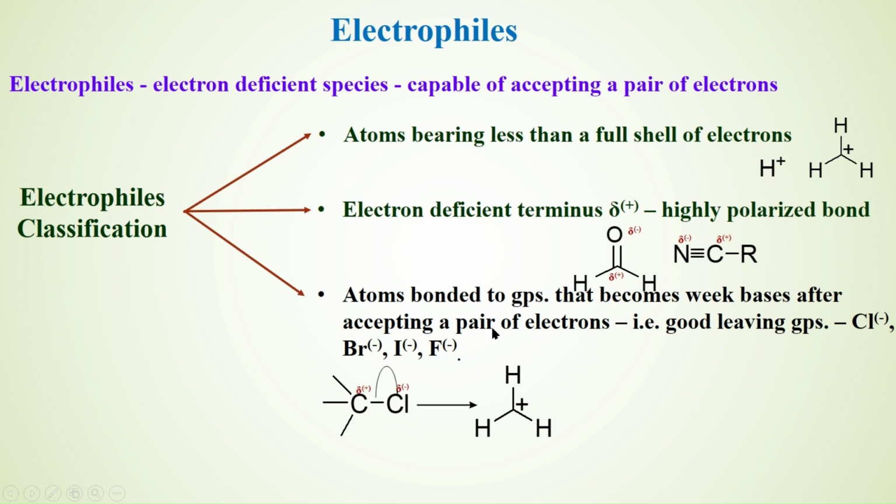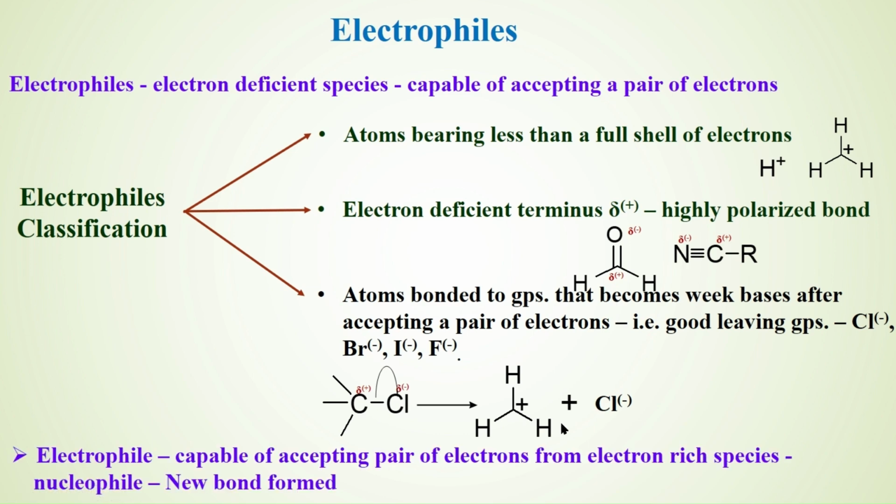The third set is the atoms bonded to groups that become weak bases after accepting the lone pair of electrons. It accepts the pair of electrons, and it leaves as Cl minus, which is a weak base, and it gives rise to an electron deficient species, that is an electrophile.